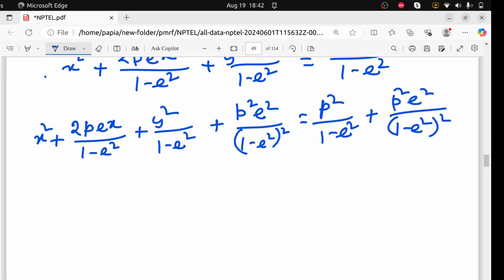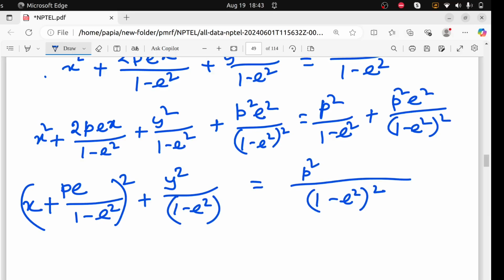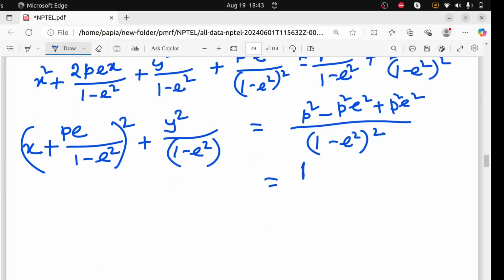So now I can have the expression x plus pe by 1 minus e square whole square plus y square by 1 minus e square equals p square by 1 minus e square whole square.